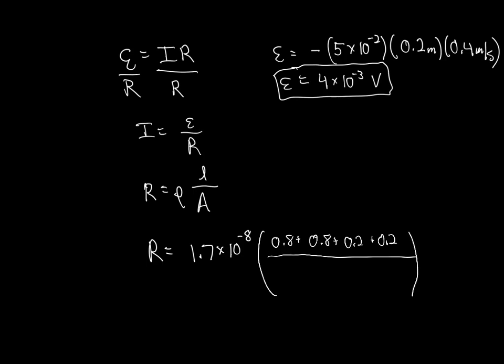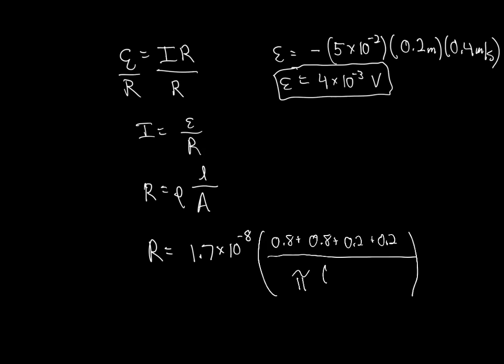All divided by the cross-sectional area of a wire. What shape is a wire? Wire is a cylinder. What's the cross-sectional area of a wire? Pi r squared. Circle. Pi r squared. What's the radius of this wire? 0.13 centimeters.